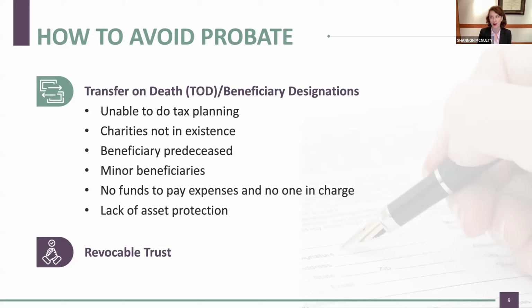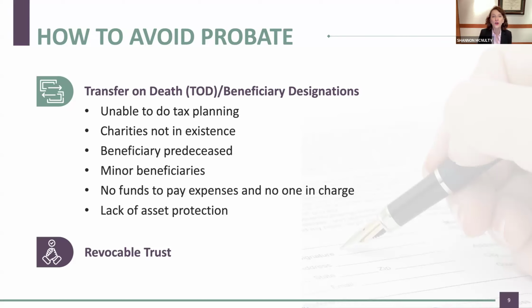We don't want our kids, our loved ones, whoever we're leaving our assets to, to get stuck in a lengthy, expensive court process and have to be grieving at the same time that they have to be dealing with lots of lawyers and fees and things like that.